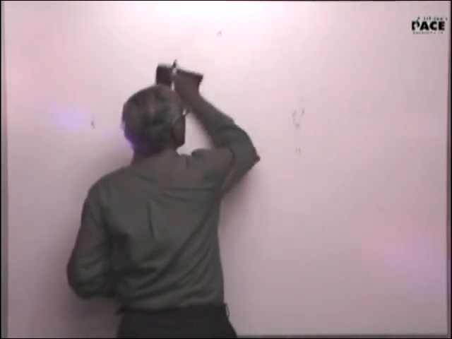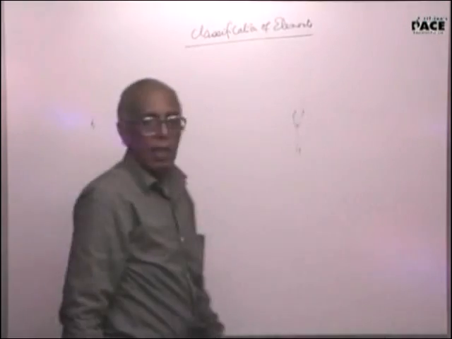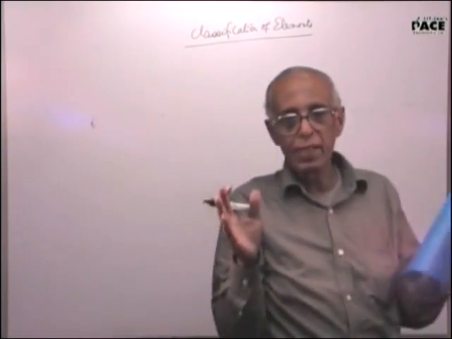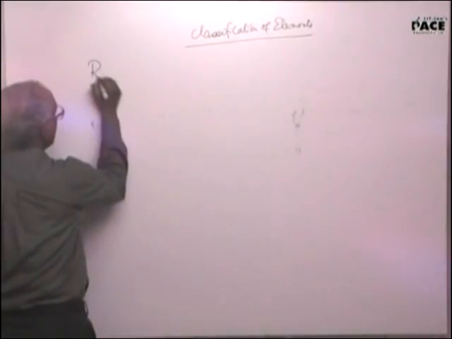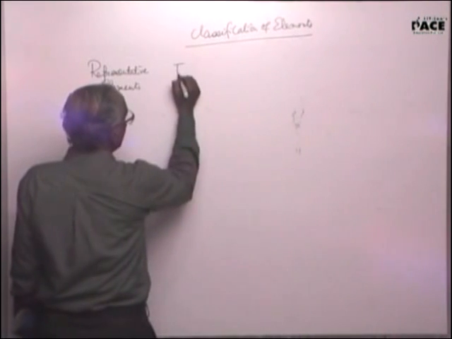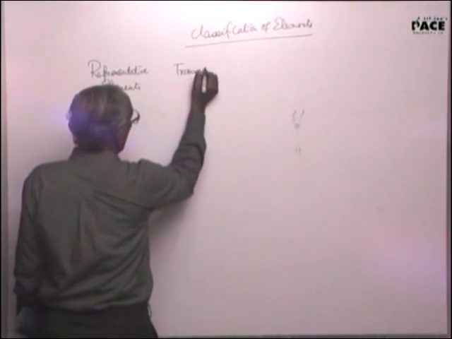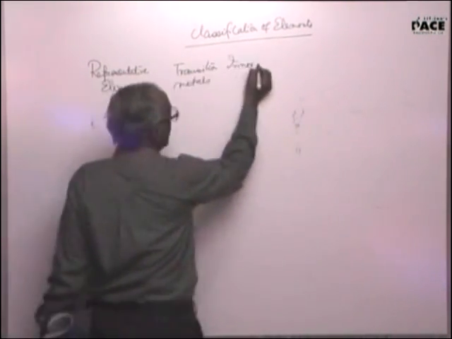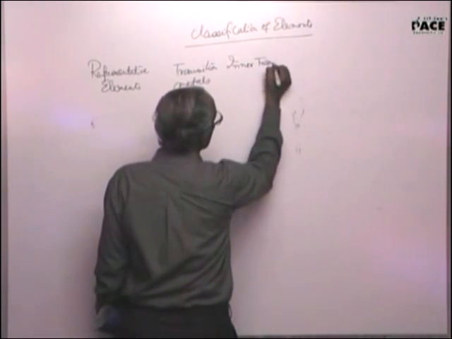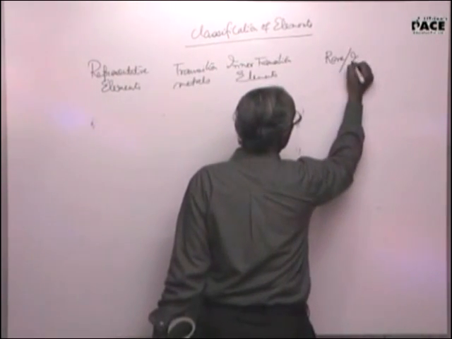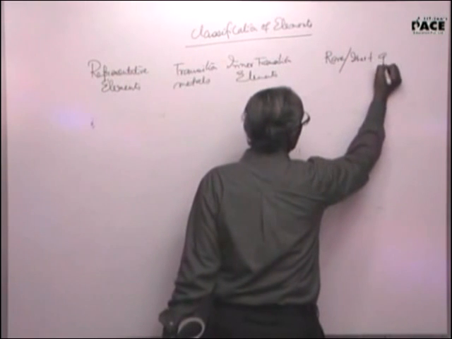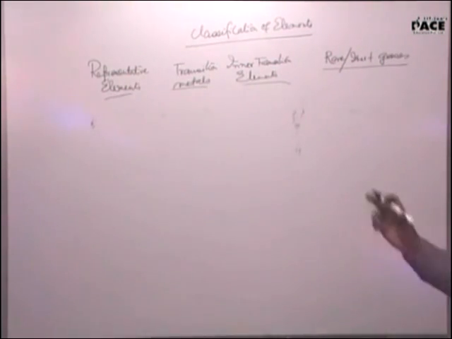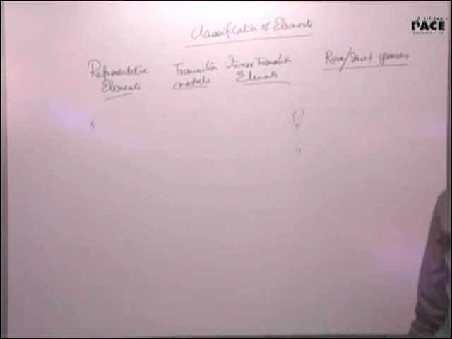Now we go to classification of elements. Elements can be classified broadly into 4 categories: representative elements, transition elements or transition metals, inner transition elements, and inert gases. Now we'll discuss one by one. First, the representative elements.